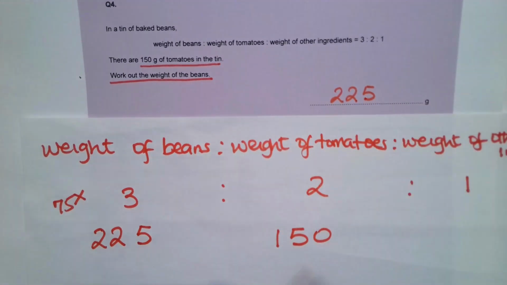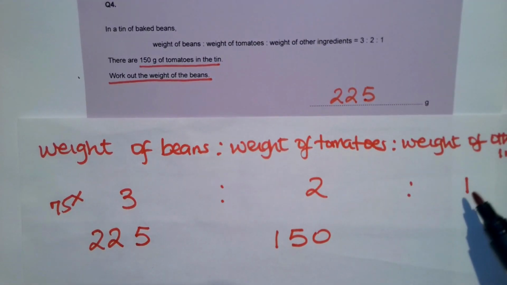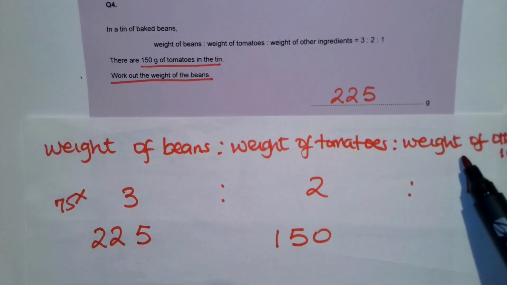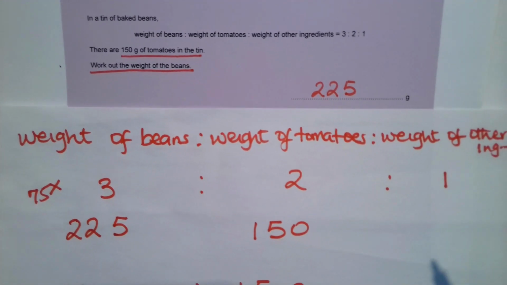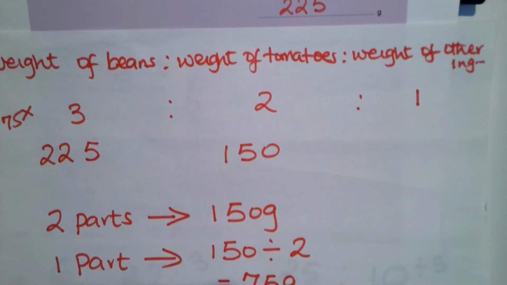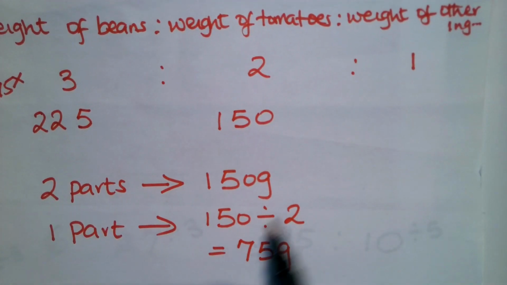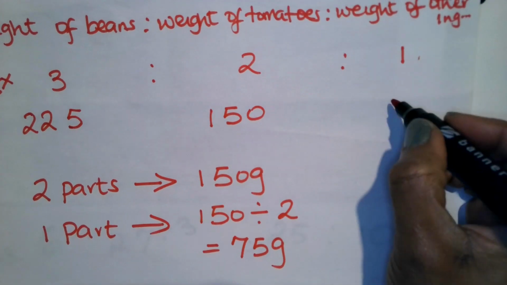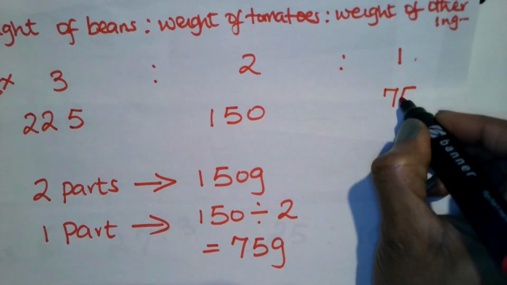225 grams. So in case you are asked to find the weight of other ingredients, what we need to do is, since one part is 75, one part here is also going to be 75.